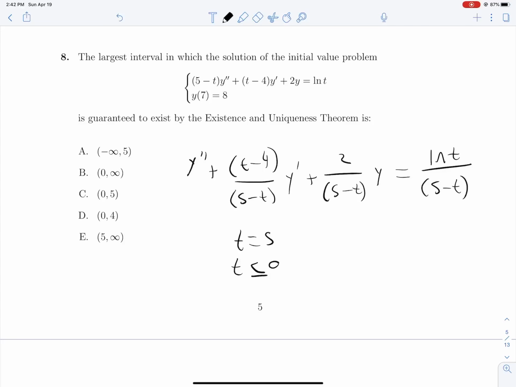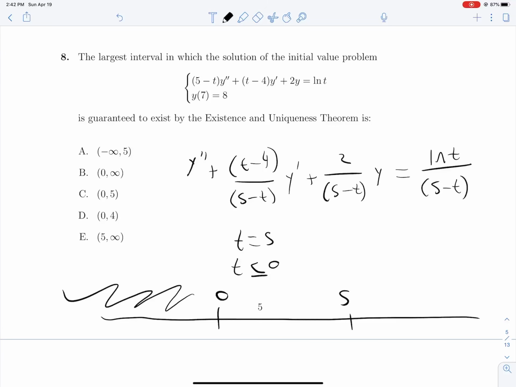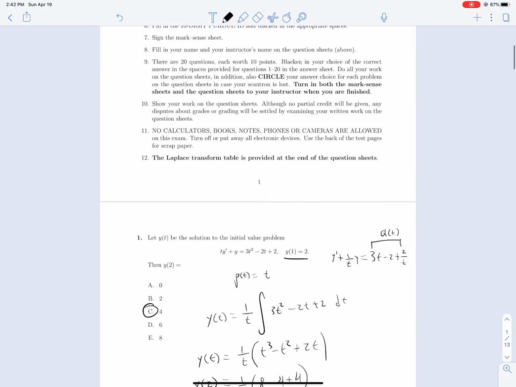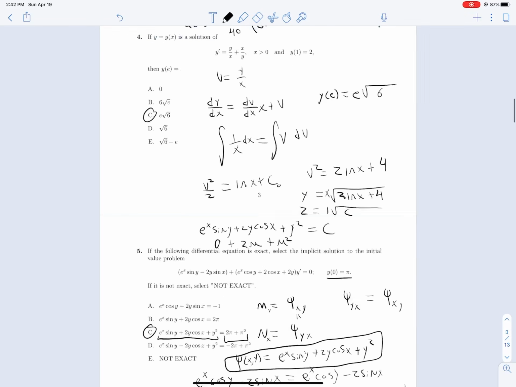But because our initial condition is for y at 7, if we draw a number line with these discontinuities on it, so we have 5 and 0, all of this is bad. The individual points at 0 and 5 are bad, but because our initial condition is at 7, we can go all the way from 5 to infinity without worrying about any of those discontinuities. So 8 is E.